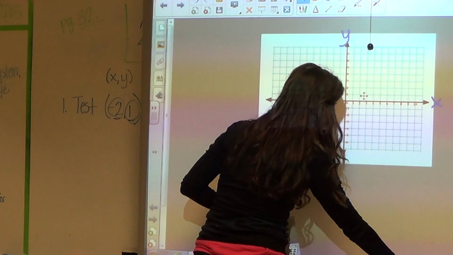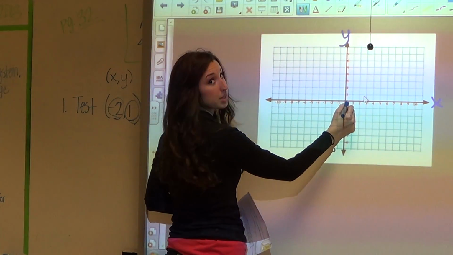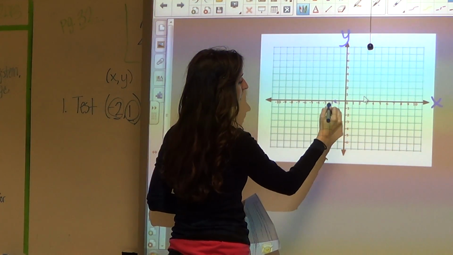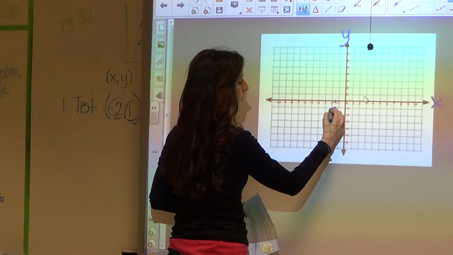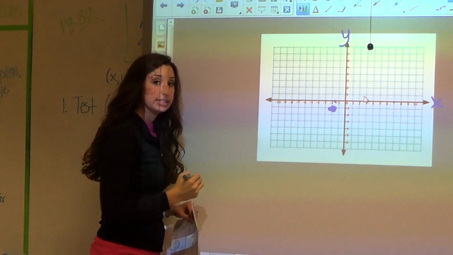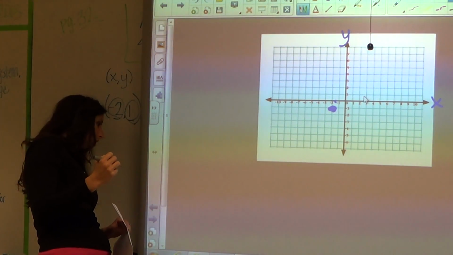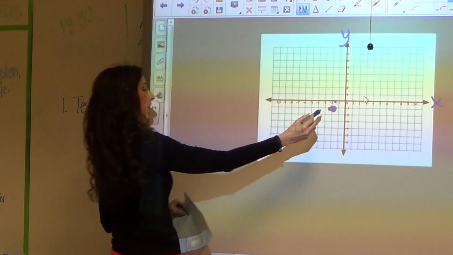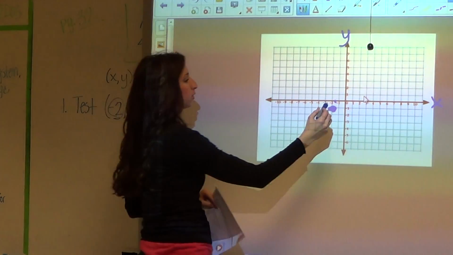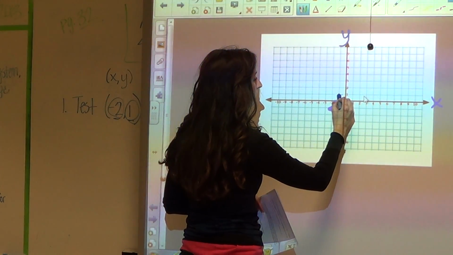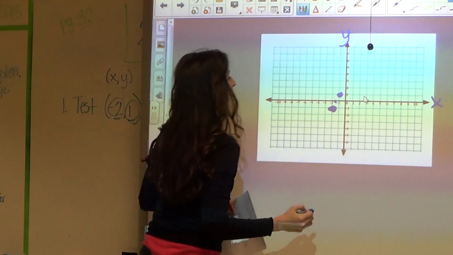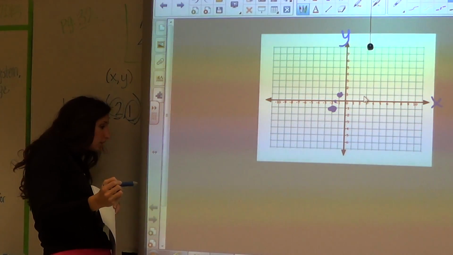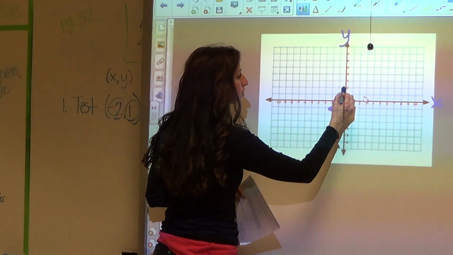All right, so we said -2, so I'm going to go over -2, down -1. So here's my point, -2, -1. The second point was -1, so over -1 and up 1. -1, 1. Third point, 0 and 3.